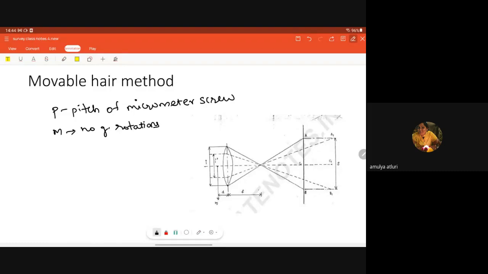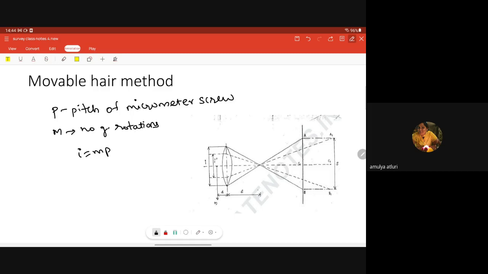So I is equal to M into P. What is the distance D?